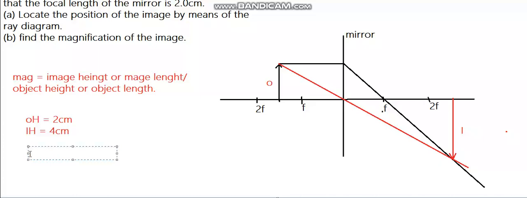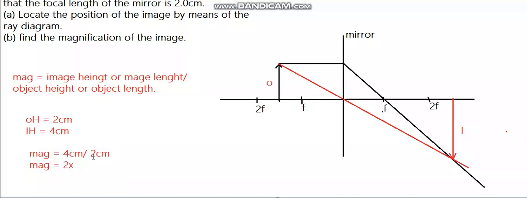Therefore, we say magnification, MAG. Remember, I'm just abbreviating, but in the exam, write the complete word magnification, is equal to 4 centimeters divided by 2 centimeters. And magnification will give me 2x.